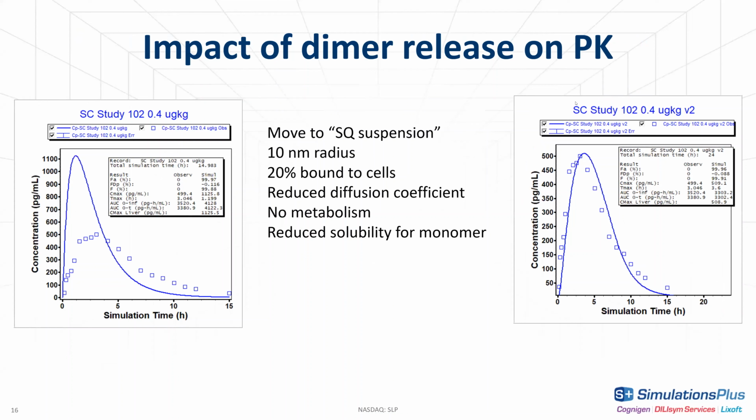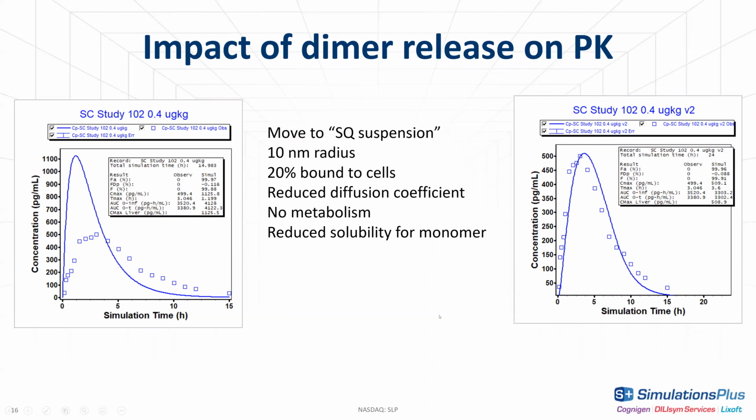You can start to explain some of the results that were observed for the solution for the very high dose in study 102, and you can have that match of Cmax and you still have a good AUC, but you match the Cmax much better than initially with the solution.